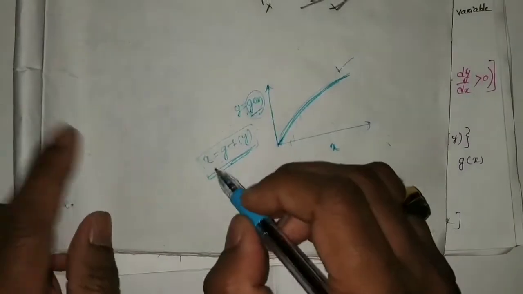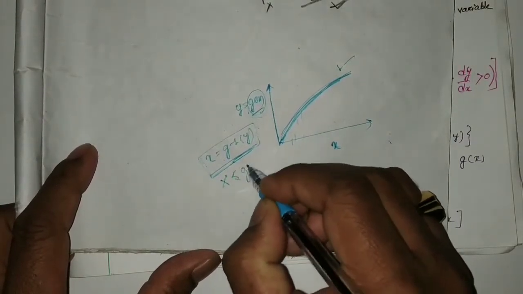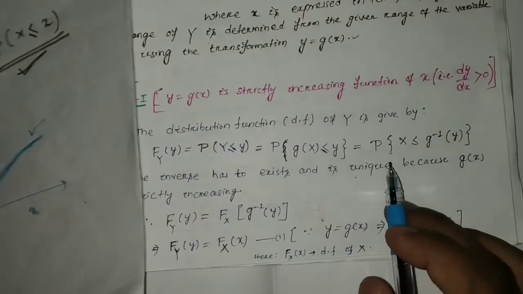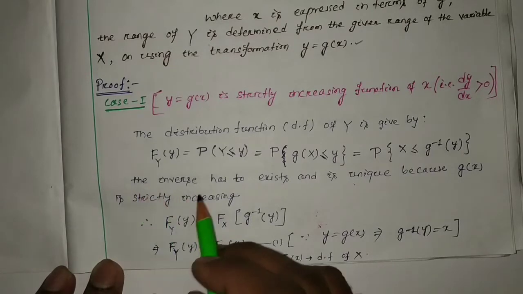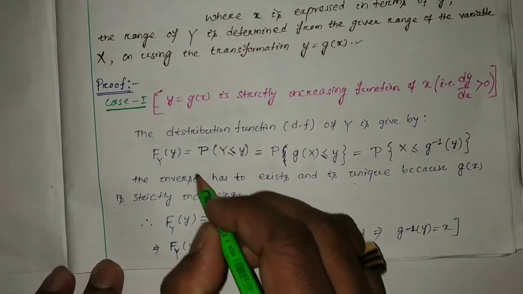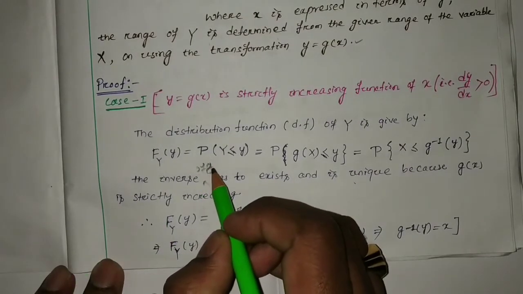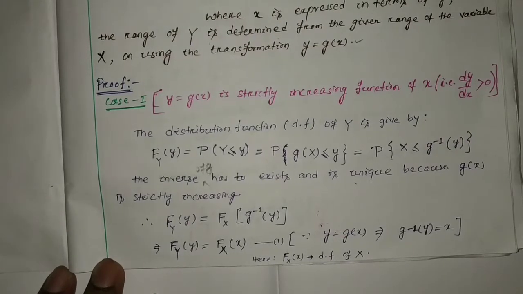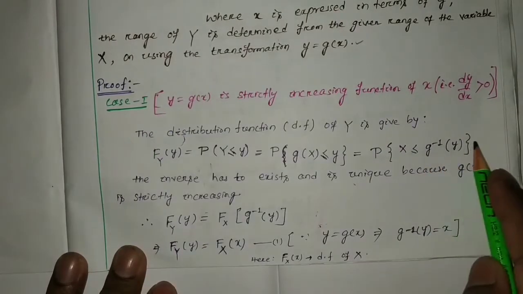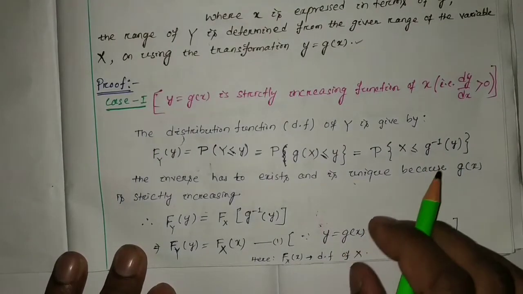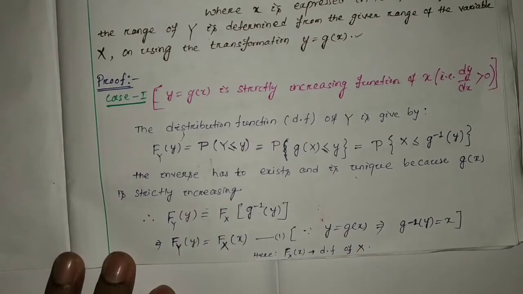So here also we can write in general that X is less than or equal to g inverse of y, as written over here. The inverse of g has to exist, that means g inverse of y has to exist and also be unique, because g(x) is a strictly increasing function.